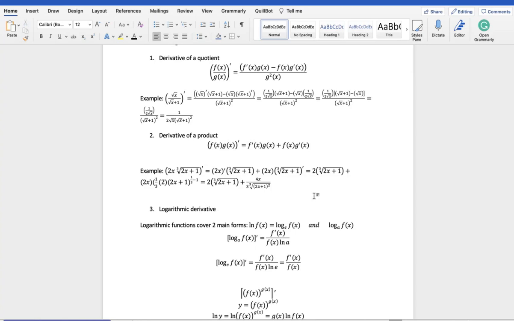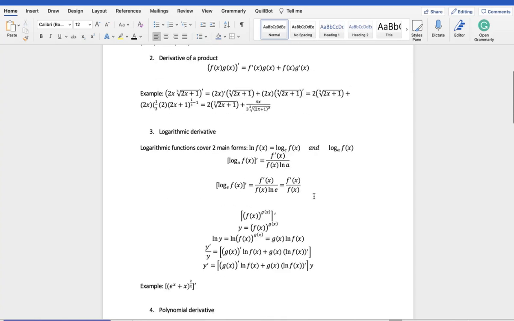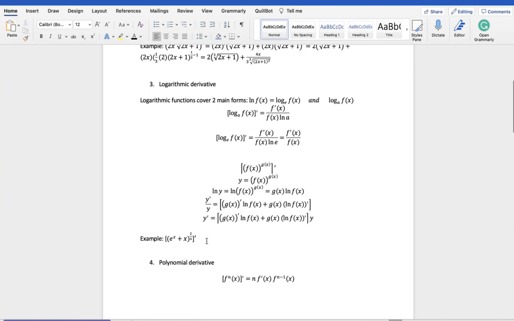Then next, if you're looking at logarithmic derivatives, then you have our function here, which is e to the x plus x to the exponent of 2/x. Then you will use our logarithmic differentiation, which is what we presented here.